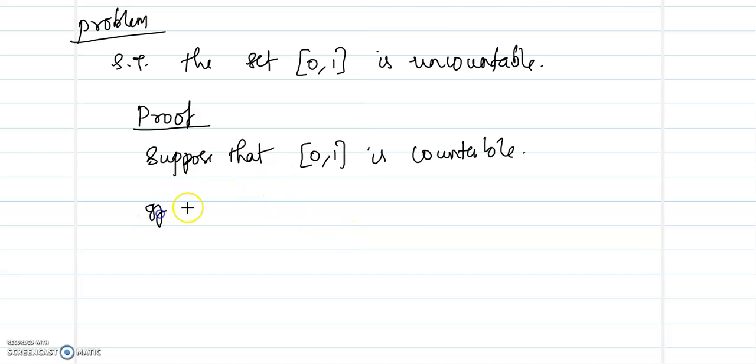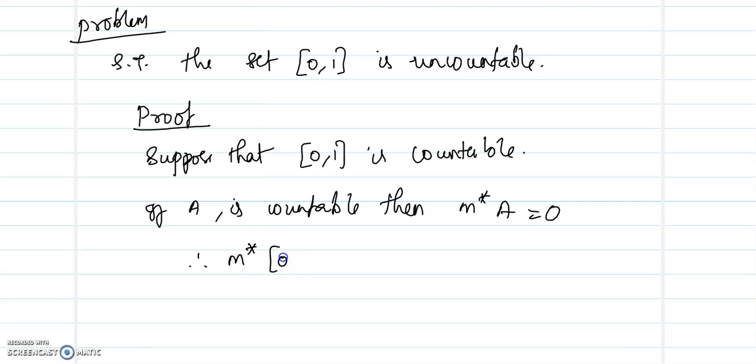So if A is countable, then we have already shown that m star of A will be equal to 0. So therefore m star of closed interval 0, 1 will be equal to 0. Now the closed interval 0, 1 is an interval. Now we have seen that for an interval the outer measure will be equal to the length of the interval.